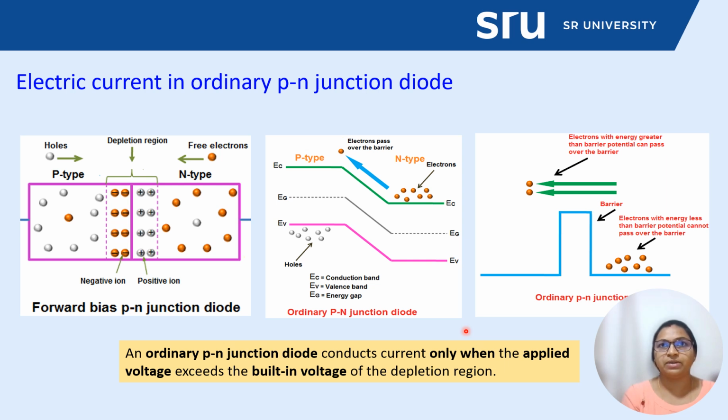In simple words, electrons can pass over the barrier or depletion layer if the energy of the electron is greater than the barrier height or barrier potential.